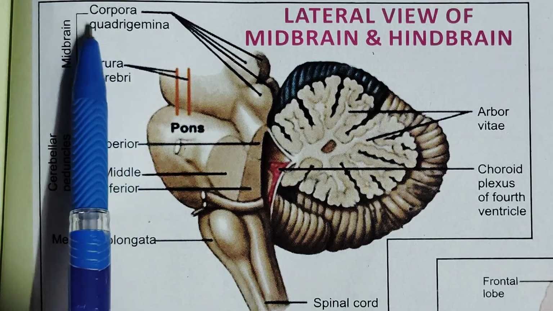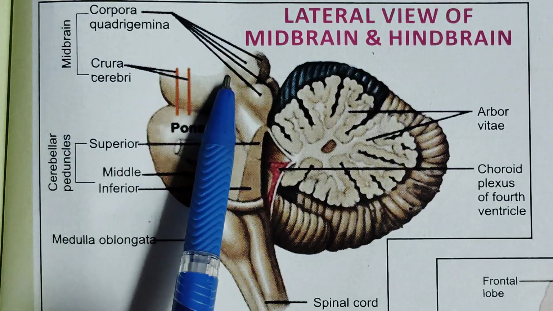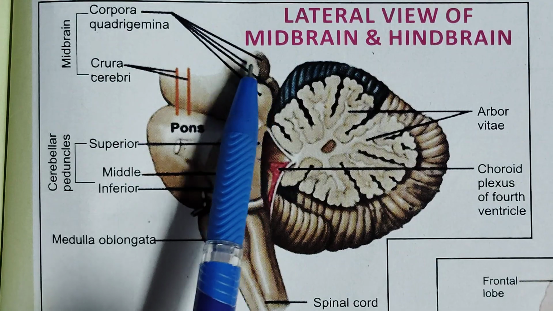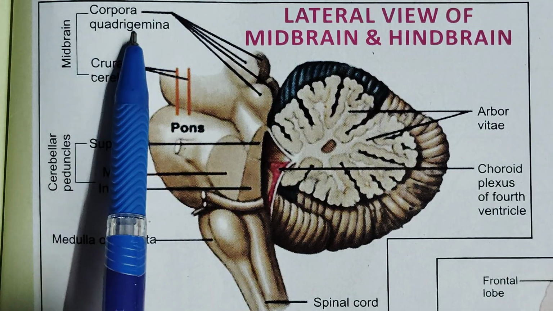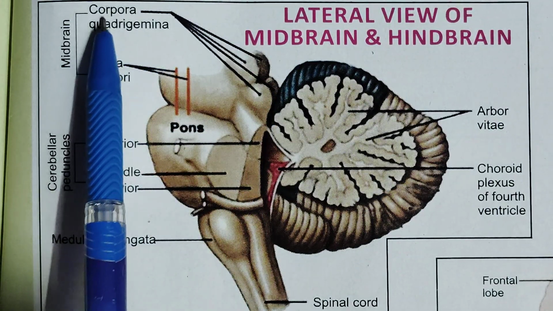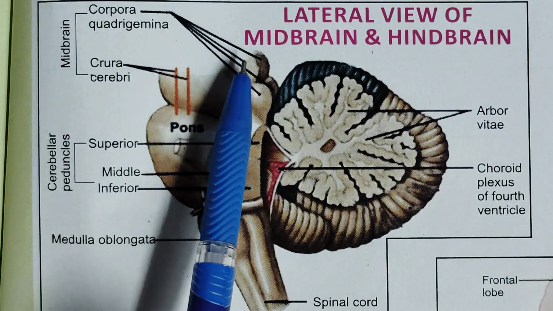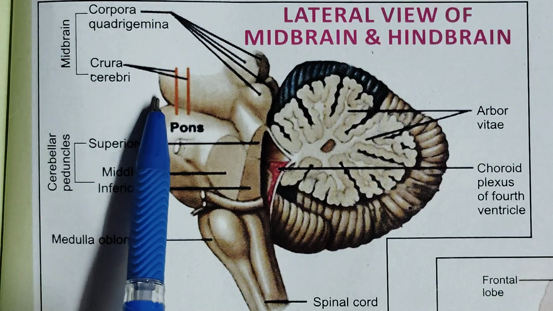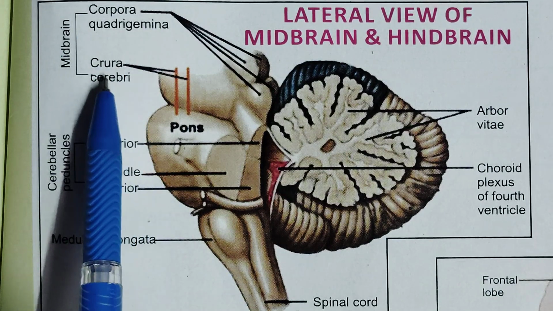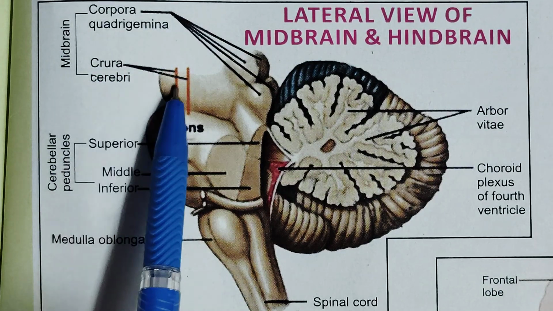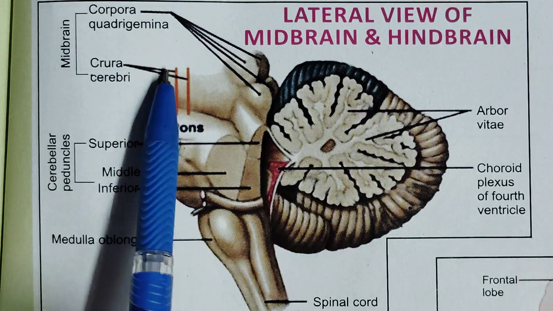Quad means four, so these four parts are corpora quadrigemina, and these are crura cerebri.